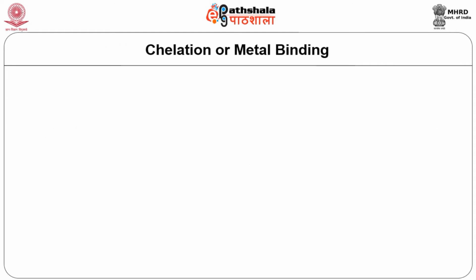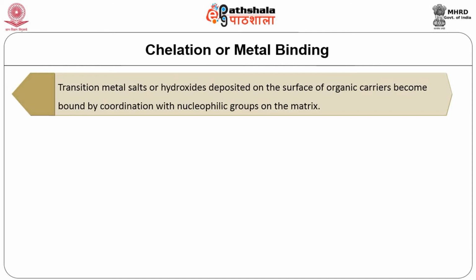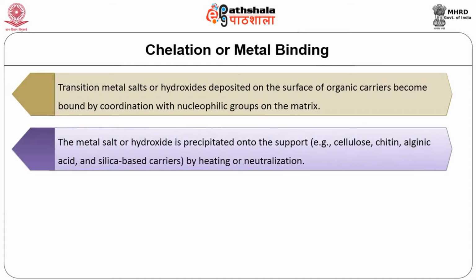Chelation or metal binding. Transition metal salts or hydroxides deposited on the surface of organic carriers become bound by coordination with nucleophilic groups on the matrix. Mainly, titanium and zirconium salts have been used and the method is known as metal link immobilization. The metal salt or hydroxide is precipitated onto the support.